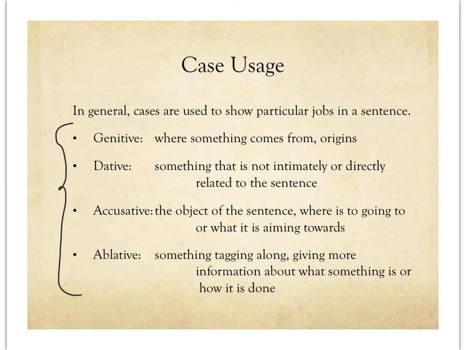And likewise, the ablative often shows motion from somewhere, or it's something that is sort of tagging along with the sentence. It's ancillary to it. It gives information about how something is done. The case that is the least consistent and has the most diversity is the ablative case, and that is why it is often the case that gives people the most trouble, because it can really do so many things.